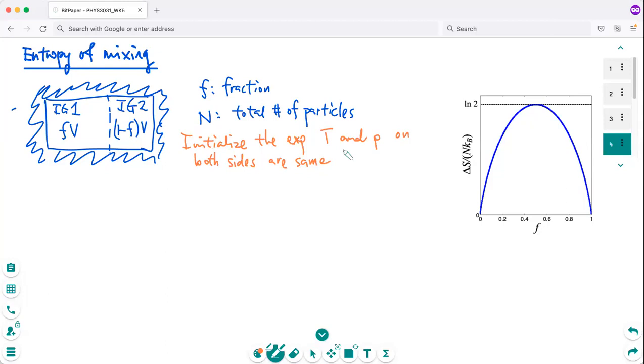So that's it. This is the standard setup, and you are asked to find the change of entropy. What is the initial state? What you see here is the initial state. And what is the final state? The final state is when this partition is removed. So find the change of entropy after removing the partition.